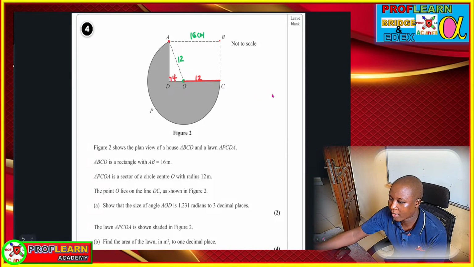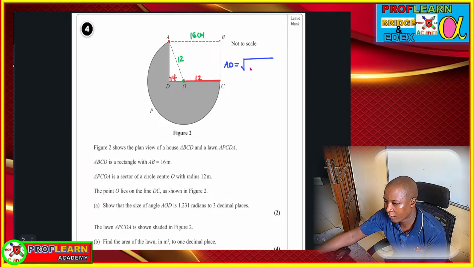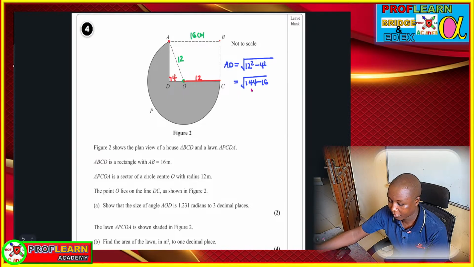So if we want to know the height of the length, the width of this rectangle, we can use Pythagoras theorem, and we can say that AD is going to be the square root of 12 squared minus 4 squared, which is equal to the square root of 144 minus 16.